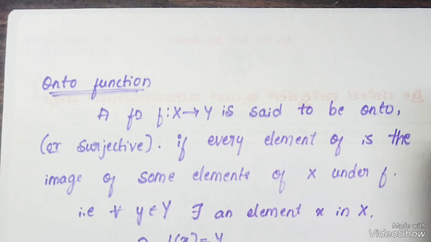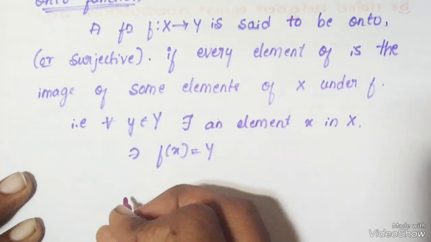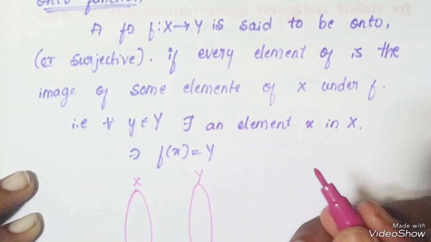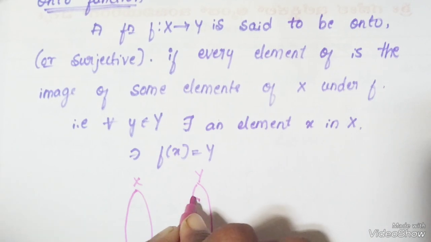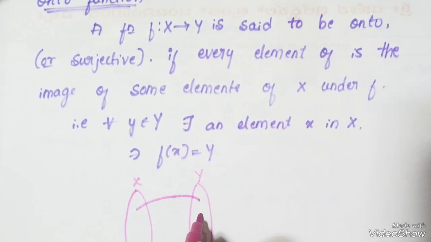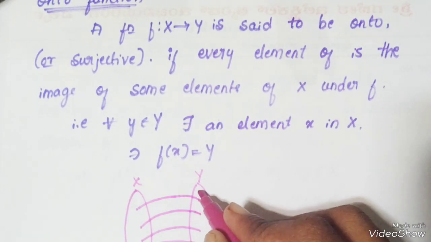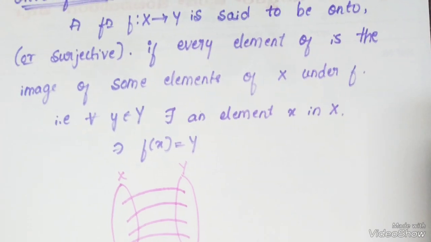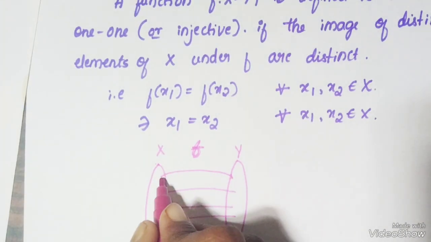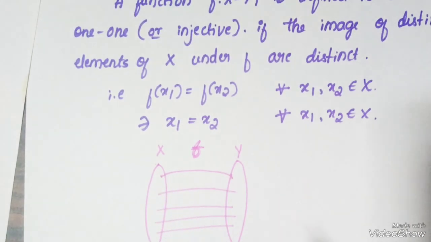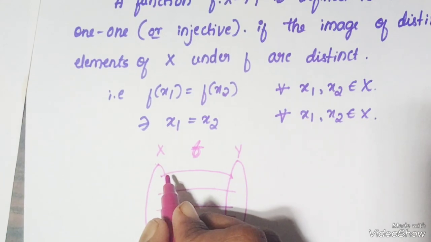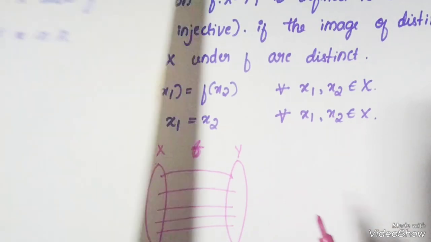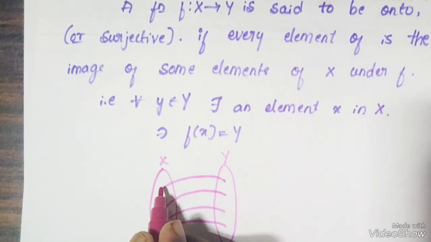Mainly, the onto function depends on the codomain. If every element of Y has an image in X, it means an onto function. In a one-one function, every distinct element has a unique image. Here onto means every element of Y has a preimage in X.